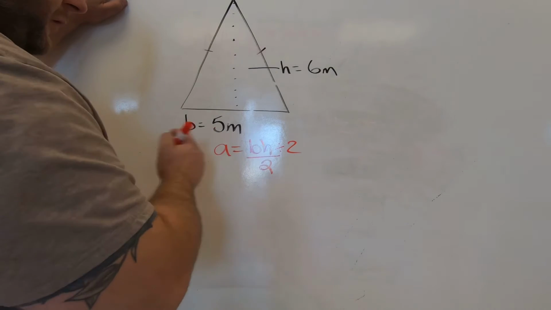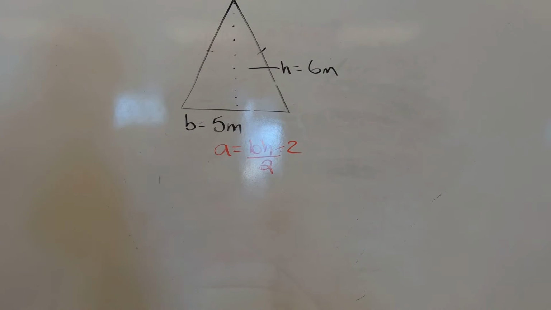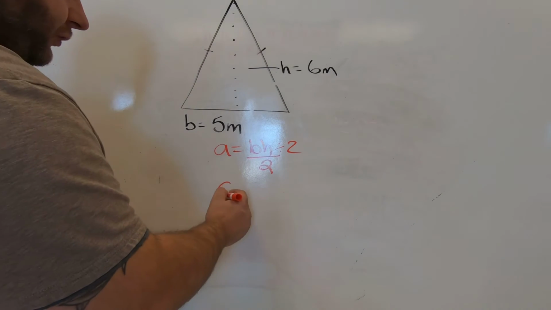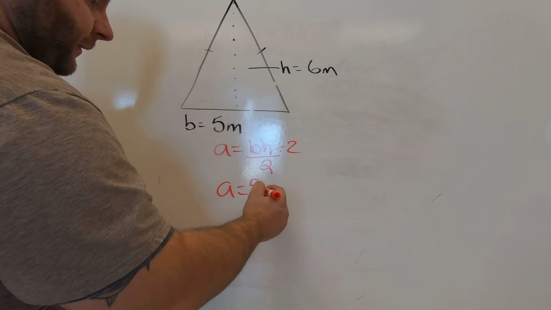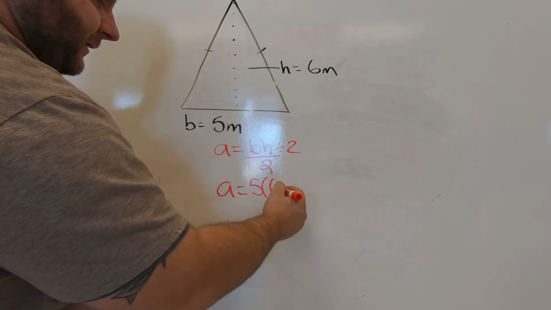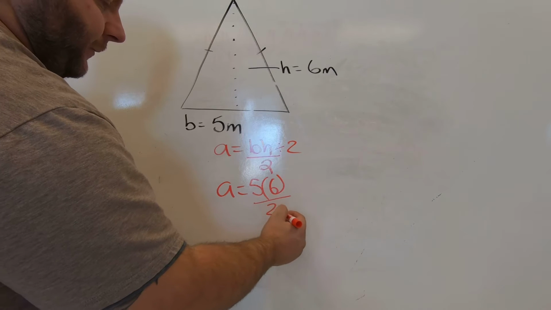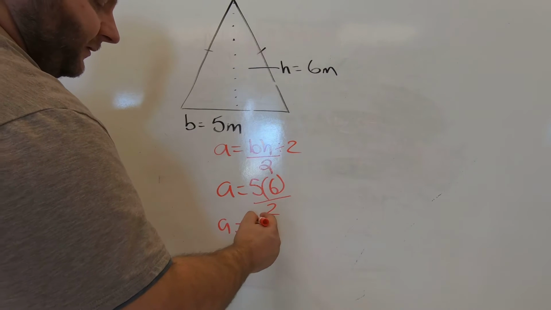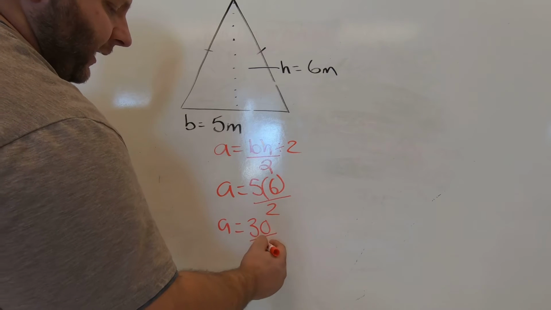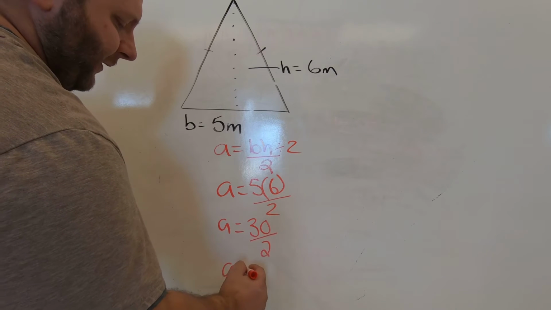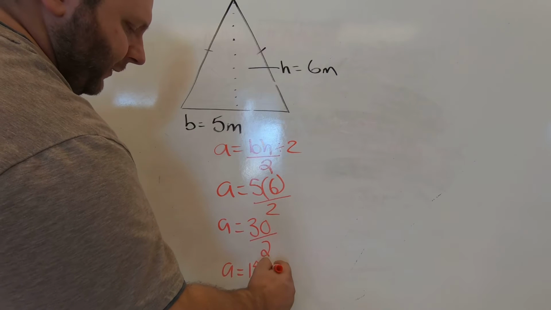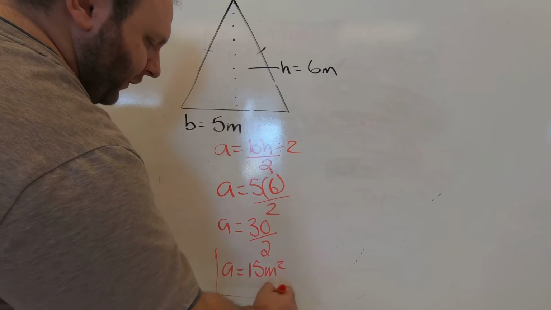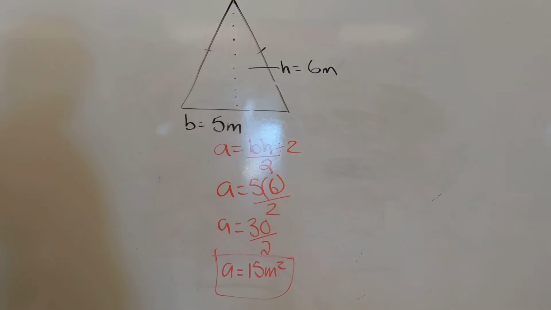In algebra, we often do divided by 2 like this. So let's fill in the blanks. We know the base is 5. We know the height is 6. And we know that we're going to need to divide that by 2. Well, 5 times 6 is relatively easy. It's 30. And 30 cut in half will give us 15 meters squared. Remember, we're dealing with area, so it's always meters squared.